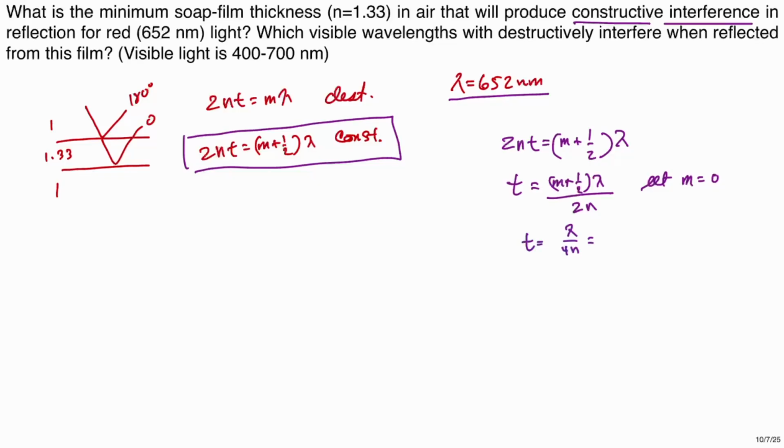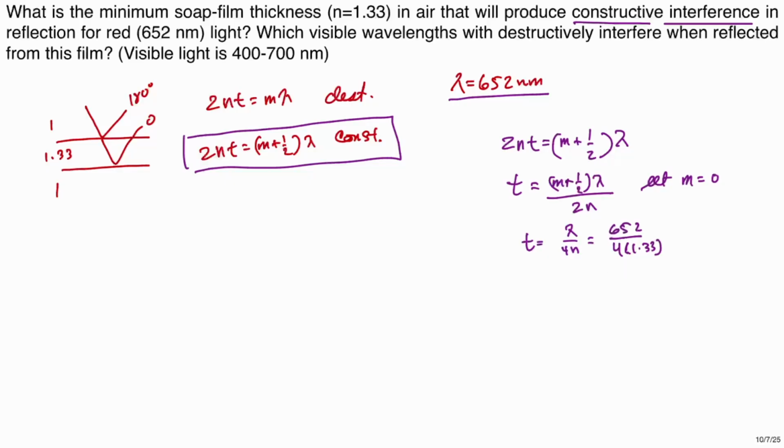This is going to be 652 divided by 2 times 1.33. Which I don't have written down anywhere on my page. Why am I not doing the examples? 4 and 2 are the same number, by the way.